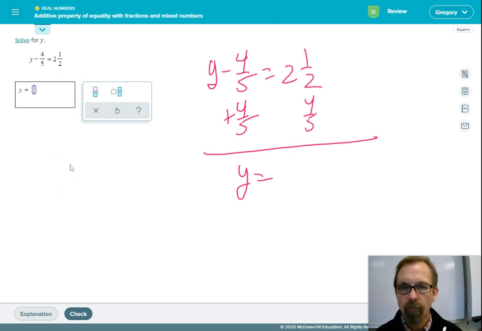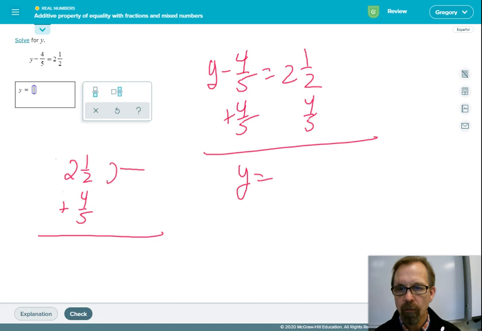We have 2 and 1/2 plus 4/5. We have to make it tenths, okay? So 2 and 5/10 and 8/10, right?